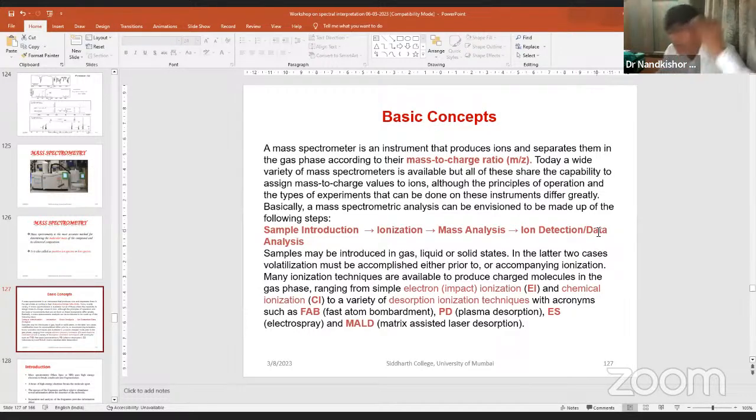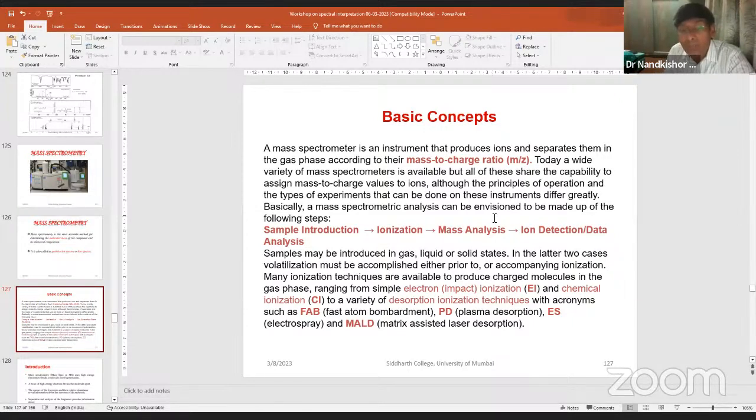Now, what are we going to study here? We are going to study the positive ion which is formed, the mass of that positive ion divided by the charge, whether it is monopositive or dipositive. So the mass to charge ratio is going to be studied in mass spectrometry.